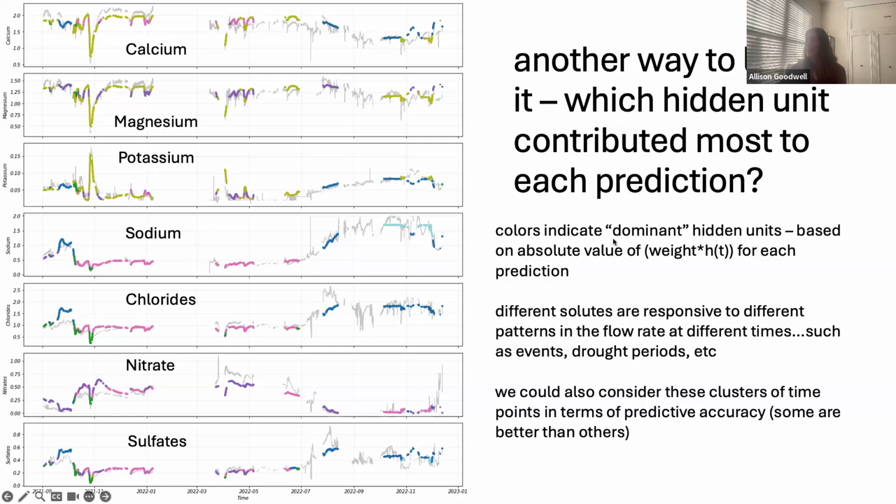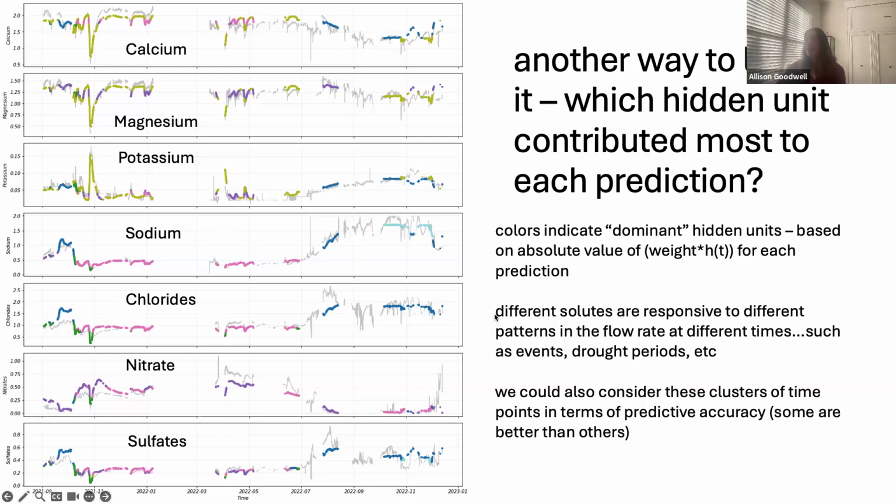Here the colors are the dominant hidden units. The light gray background, which you probably can't see very well, is the actual data for each of these solutes, and this is a time series. The colored line is the predicted values, and the color groupings show, for example, that the yellow hidden unit was the most highly weighted hidden unit for that prediction, and then the purple means we had a shift, right?